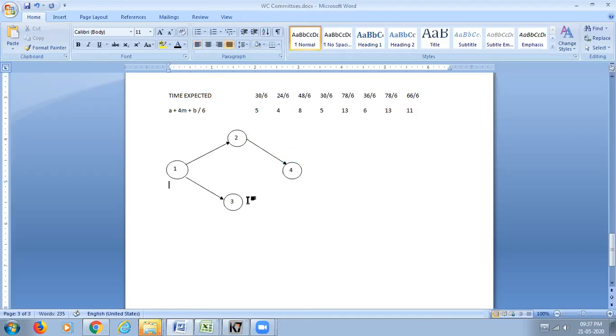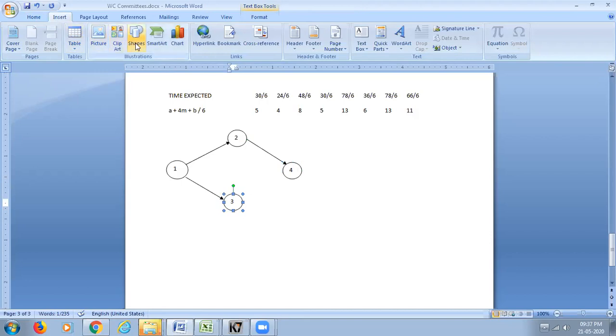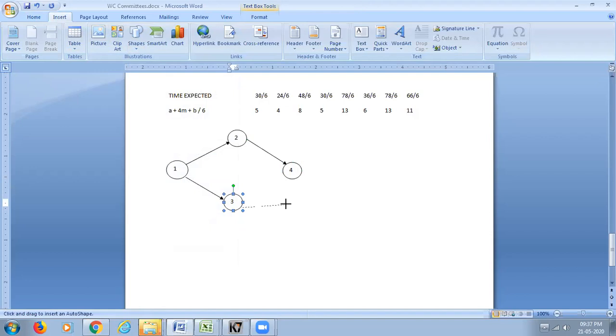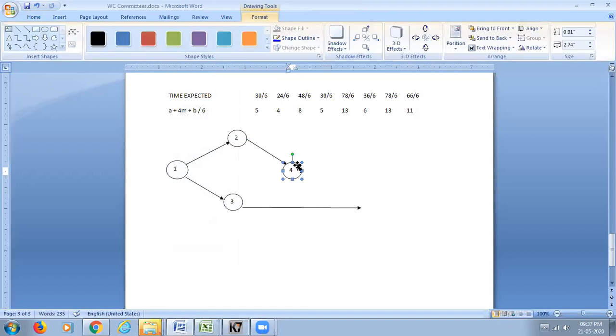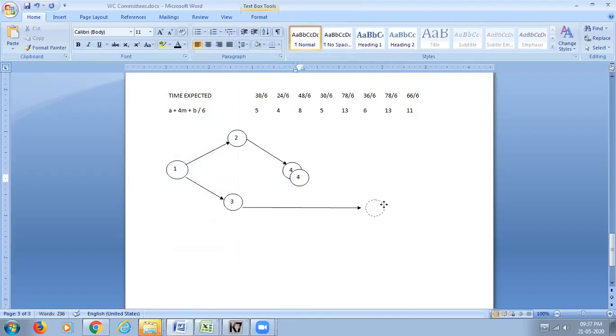Then you have 5. 3 to 5 we can take from 3 to 5. Okay, copy this, paste it here. This is 3 to 5.